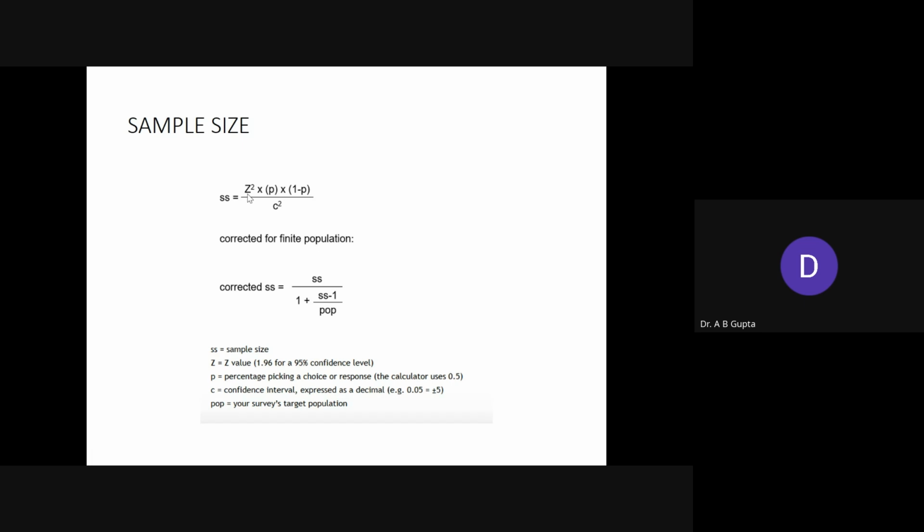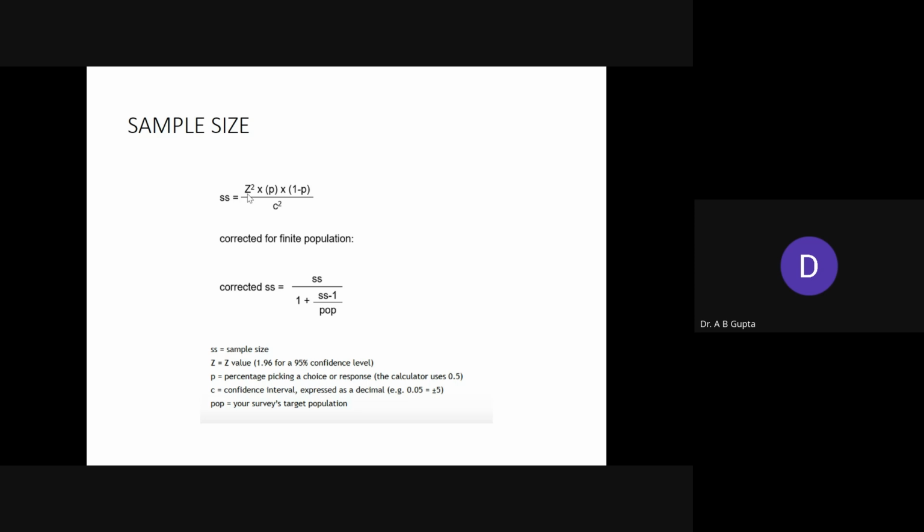Confidence level means that if you are 95% confident, and someone later performs that experiment, out of 100 times, 95% of the time that experiment will be correct. So that is confidence level. You can have 95% confidence level, 90% confidence level, or 99% confidence level.